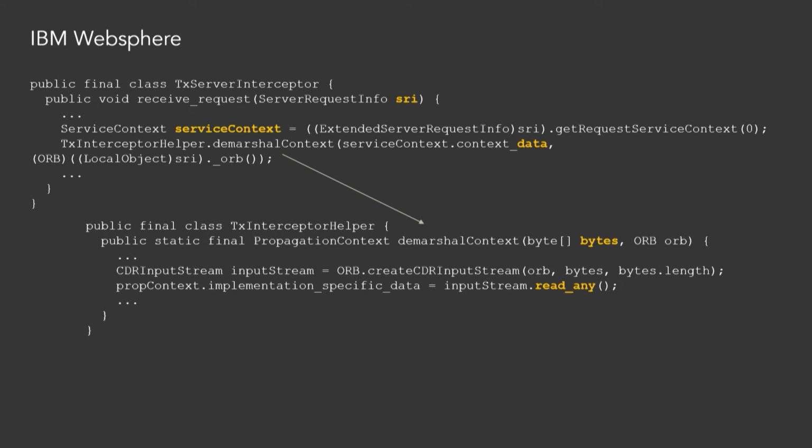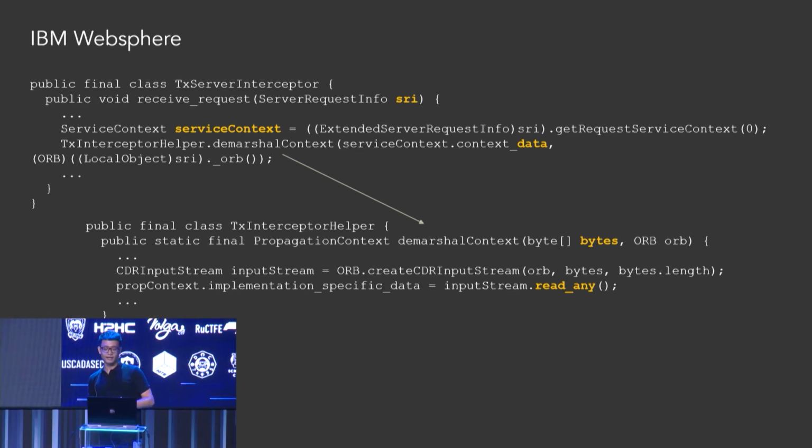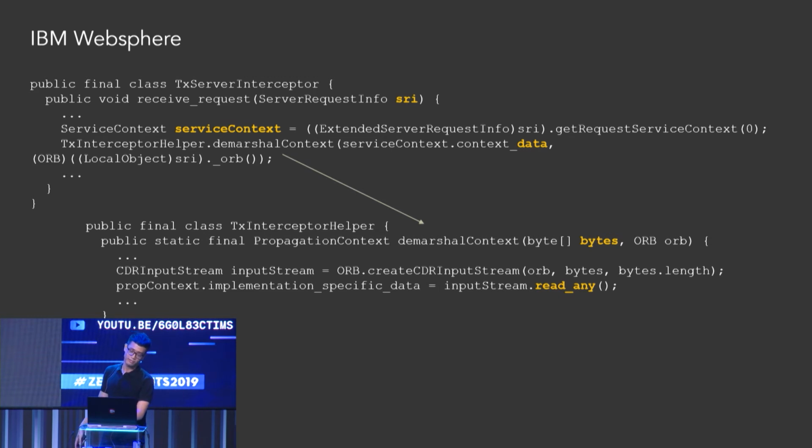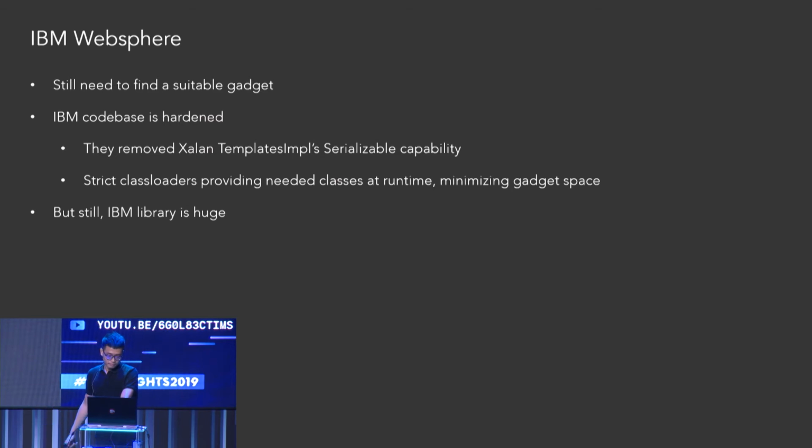It has an additional field that accepts some arbitrary data, which doesn't relate to the stream, and then it will later call the inputStream.readAny, meaning it will deserialize a CORBA 2.3 object. So that's our endpoint. Cool.